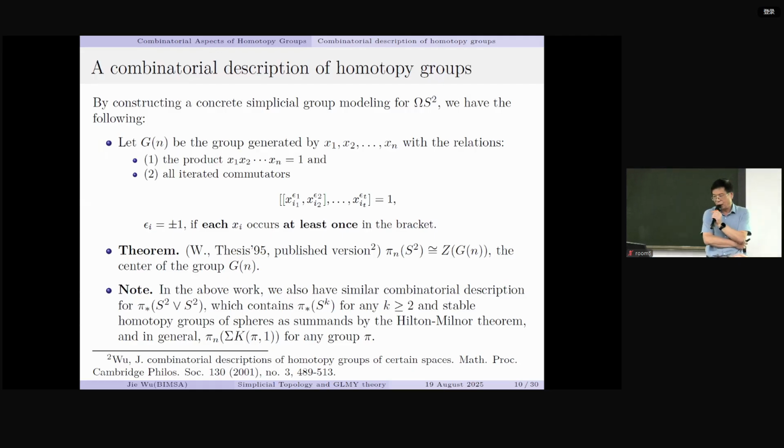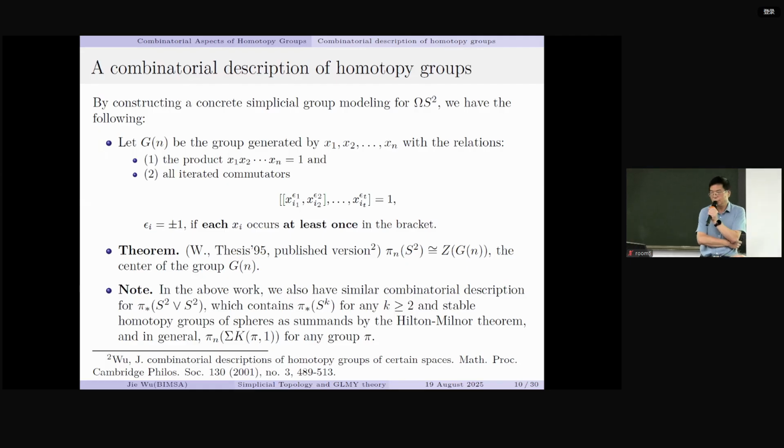So here's how I give a combinatorial description of the general homotopy group of S2. You can construct a concrete combinatorial group, right? Say the group G_n has n generators. You put the letters x1 up to xn, and the first relation makes the product of these elements equal to 1.